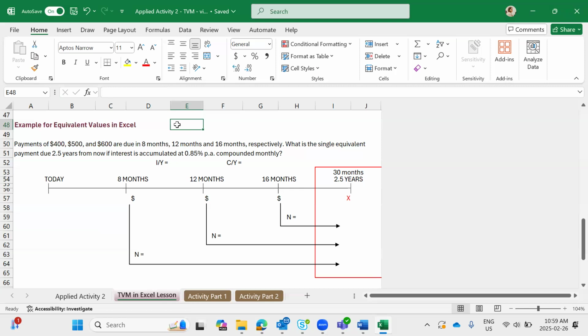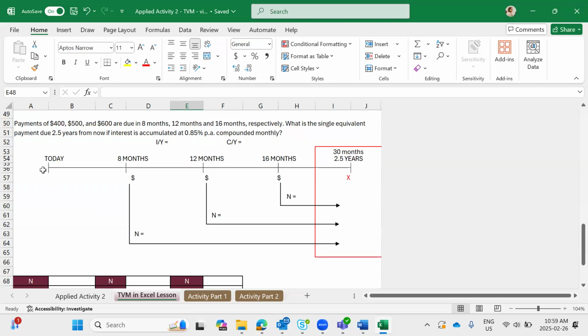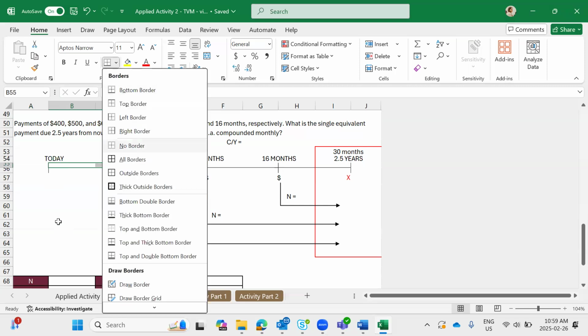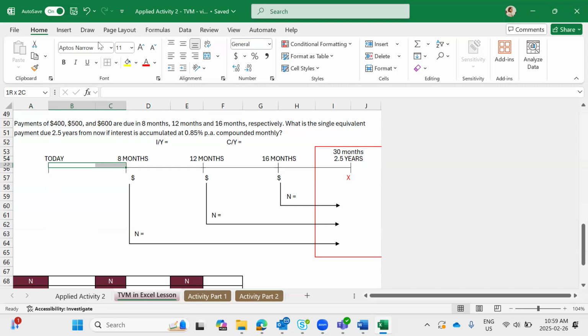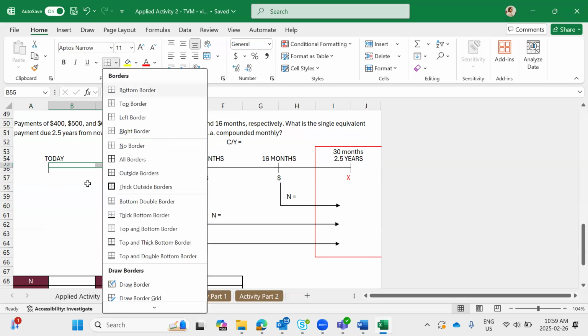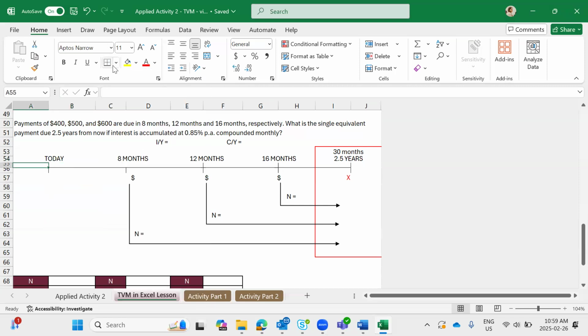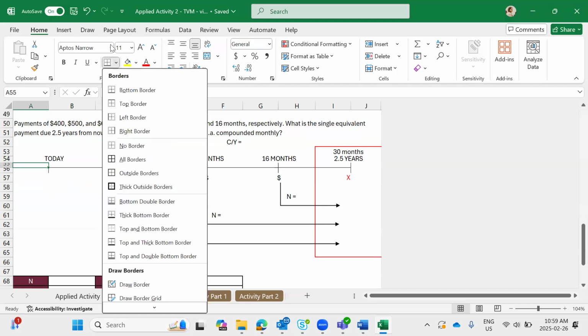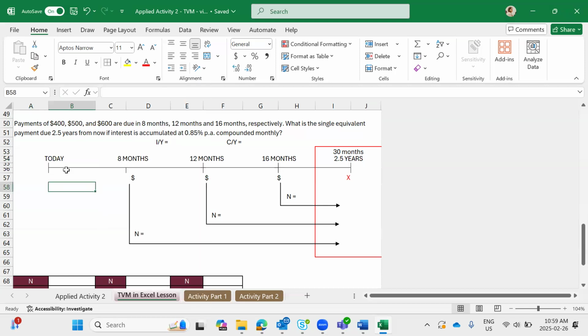In class, we drew out the timeline by hand, but in Excel, I actually built this timeline just using text and borders. So what I mean by that is this, for example, right here is actually a border. So if I say no border versus if I put on a bottom border, and here if I put on a right border, I can make the little tick marks just like we did on paper, rather than digitally.